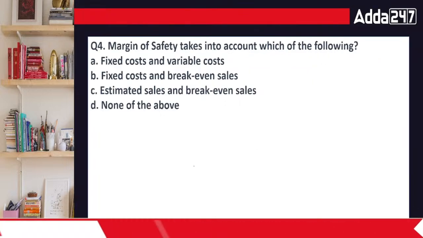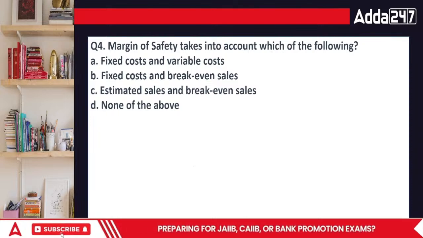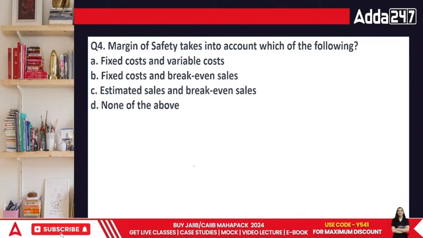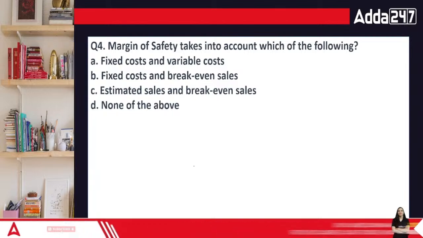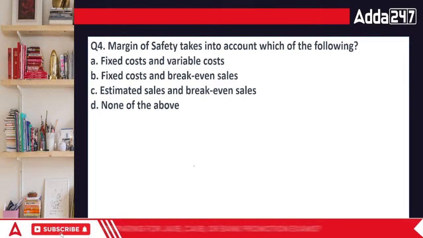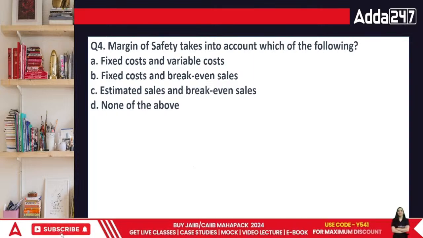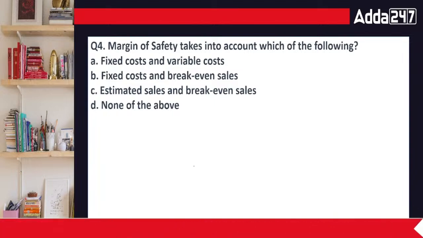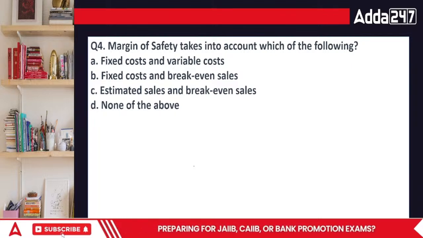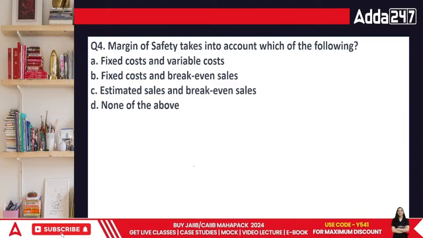Next point, margin of safety. Okay, another point. We are done with this point in detail. Technically, during the entire area of marginal costing, I'm talking about each and every point. Fixed cost and variable cost, fixed cost and break-even sales, estimated sales and break-even sales, and none of the above. Everyone, what's the answer? Fixed cost and variable cost, fixed and break-even.